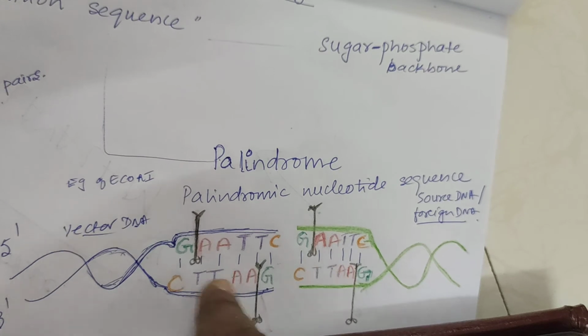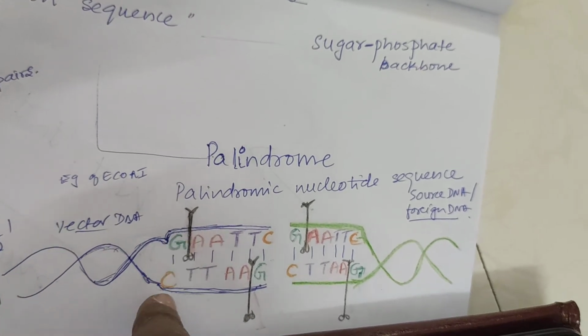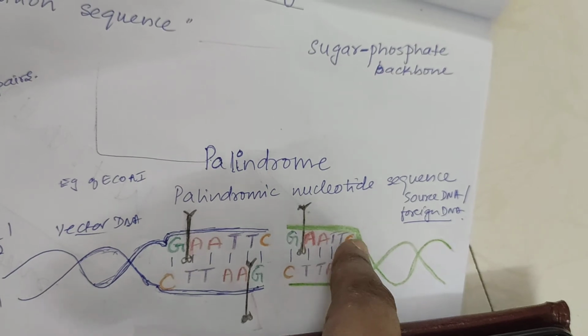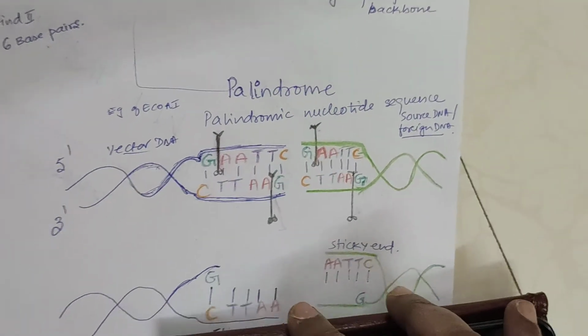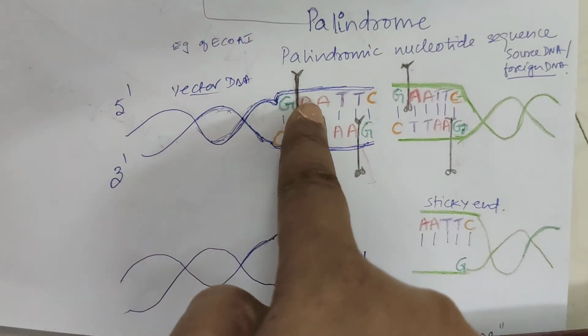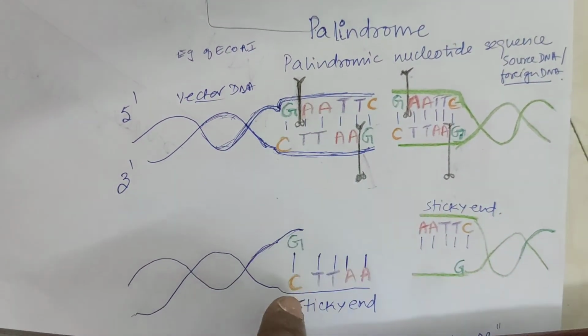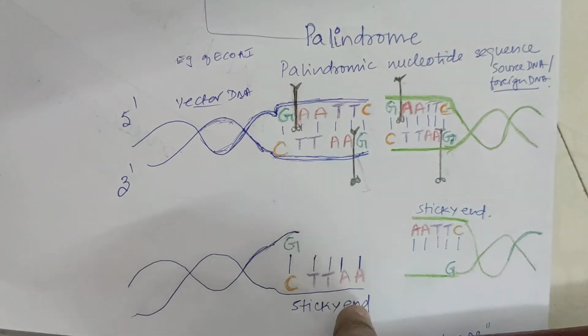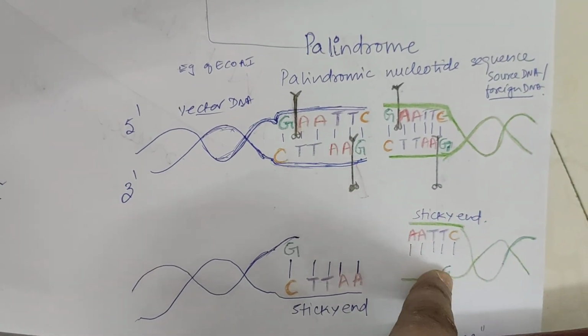Similarly, this segment will go off. What will be left is this G, and this will be left. So this segment disappears, and here also this segment disappears. Only G remains.